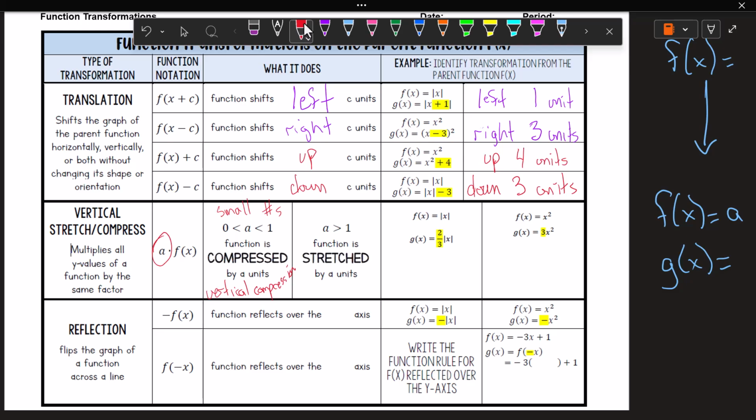Means it gets wider. If a is greater than 1, then it's a vertical stretch. And these are larger numbers, and we get narrower.